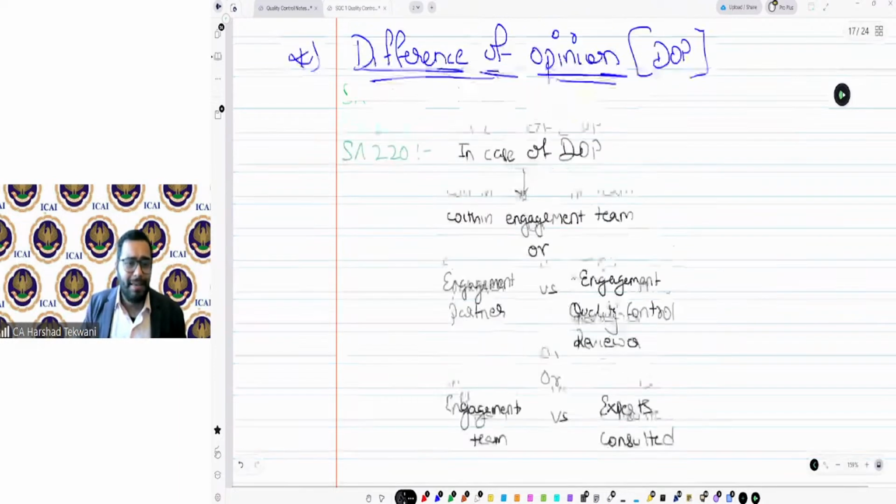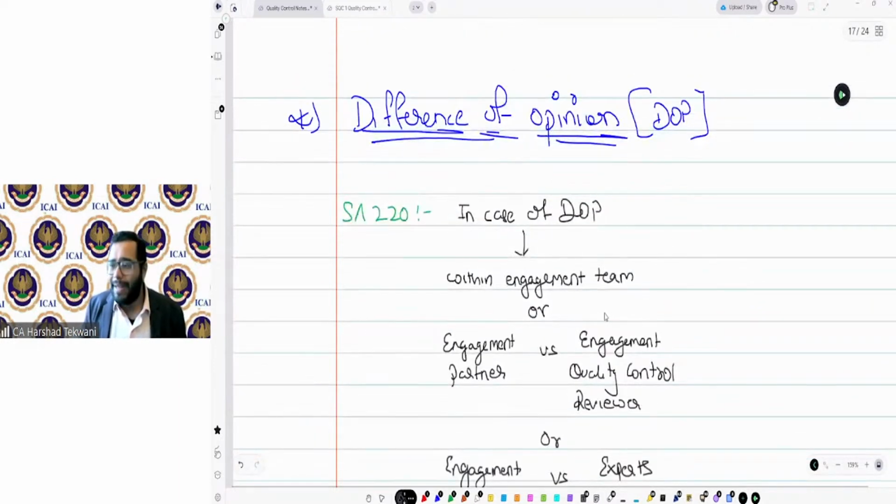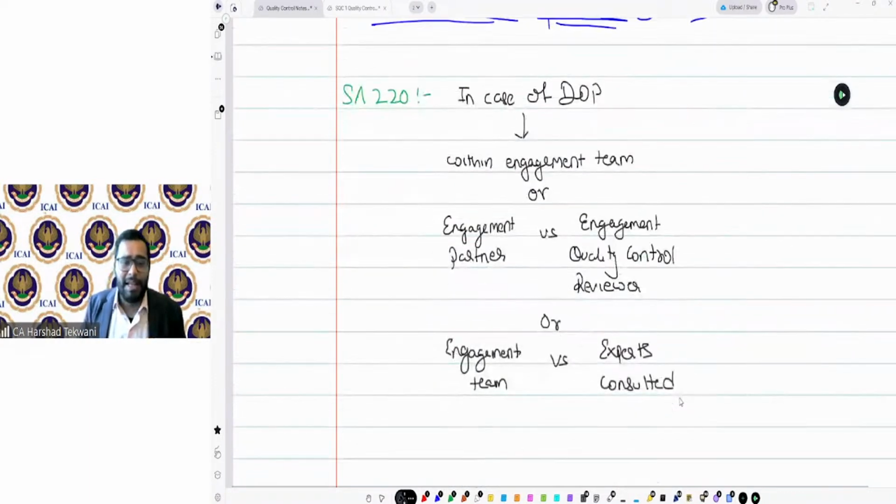Now, in all these three situations, SA 220 says that if any difference of opinion is there between these people or in these scenarios, the engagement team shall follow the firm's policies and procedures for dealing with and resolving such difference of opinion.